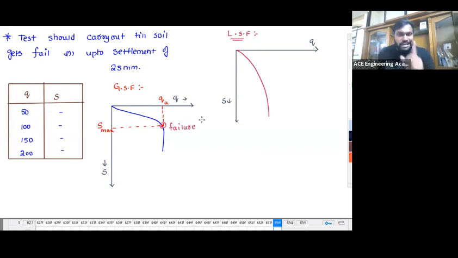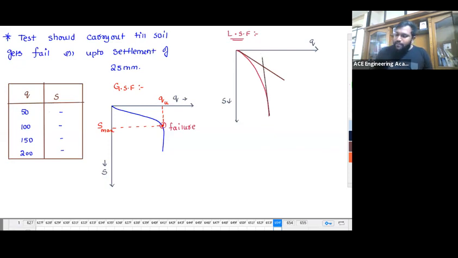You know that general shear failure is well-defined, but local shear failure is not well-defined. Now, how do we find the failure load for this? For that, we have a method known as the tangent method. We draw the initial tangent when the curve has started, and at the end point, we draw the final tangent.